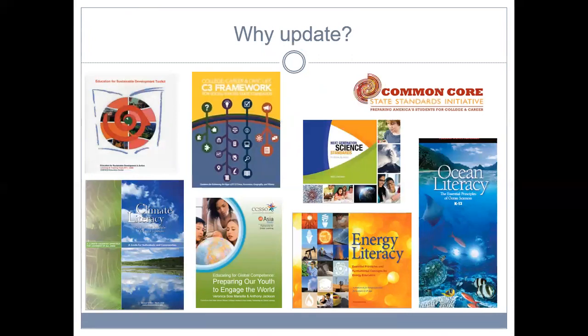And then we've also had specific guidelines for climate literacy, energy literacy, and ocean literacy. And so there's a real need to just take a look and make sure that they're cross-referenced and that you can look back and forth between the guidelines, as well as just updating context for how environmental education has changed over the years. So it's a good time to be looking at how to update these standards.